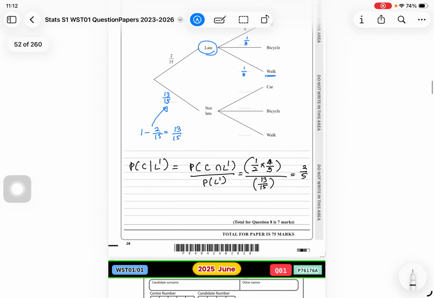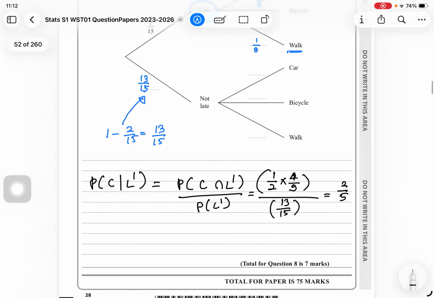Let's fill in all the information. Probability of you going with bicycle, given that it's not late: probability of both of them, bicycle and L dash, and you divide it by L dash.